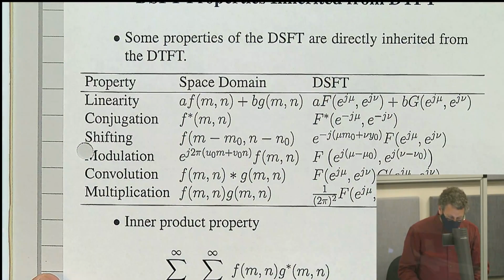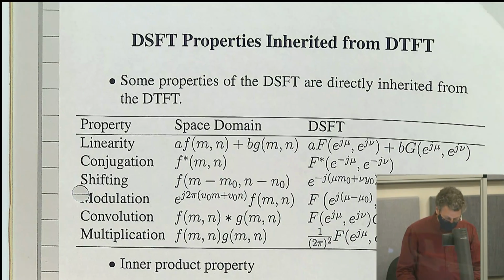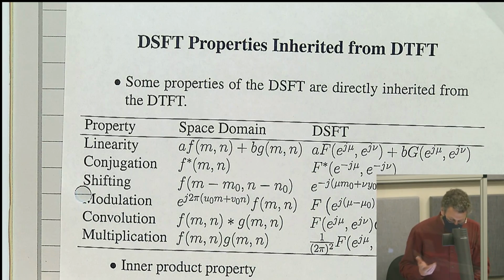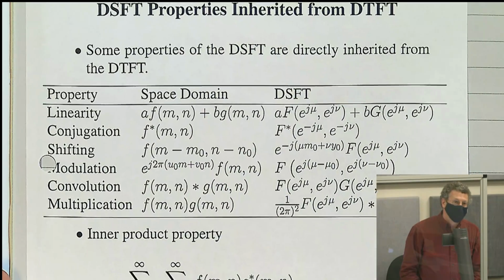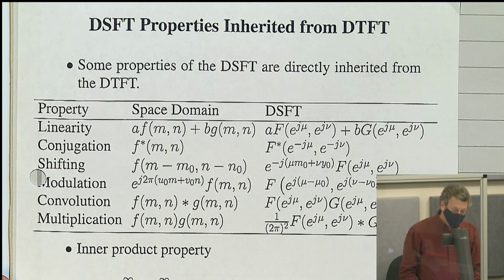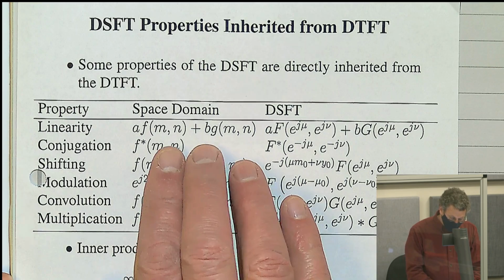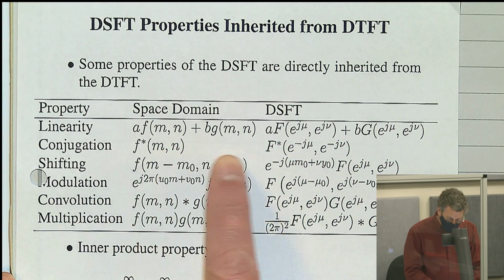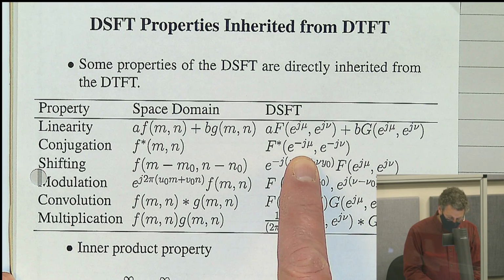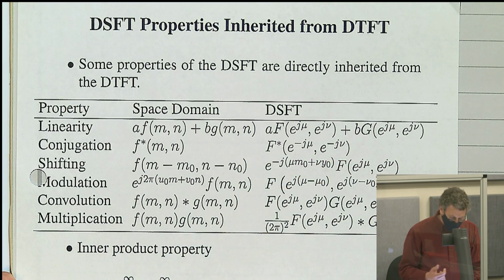So then there are transform properties for the 2D discrete space Fourier transform, and they're essentially the same properties as you have in 1D, inherited from the 1D case. They're fairly obvious. It's linear. Conjugation of the function results in conjugate reversal in the frequency domain.